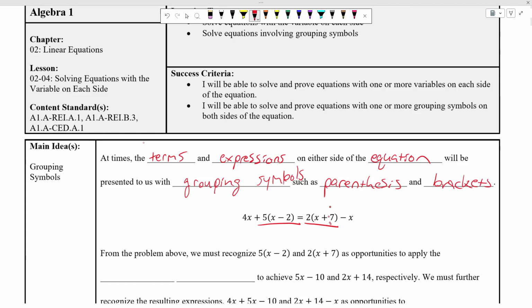This may trigger some memories as to what we must do. In fact, this may trigger some thoughts as to an opportunity to apply the distributive property, another fundamental mathematical property. The result of distributive property in these cases is 5x minus 10 and 2x plus 14, respectively.